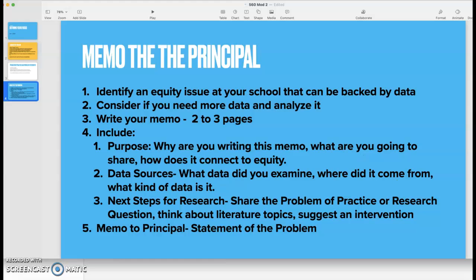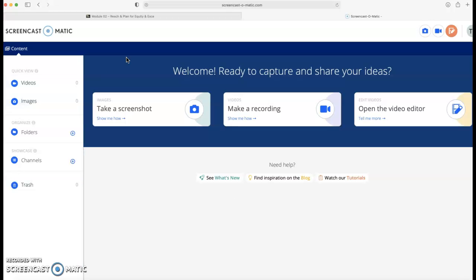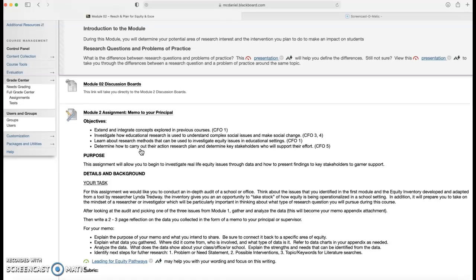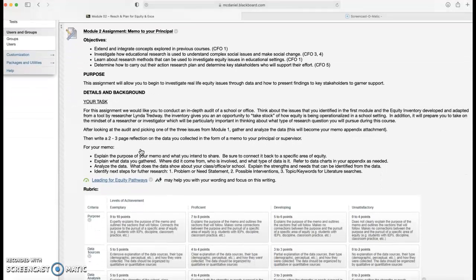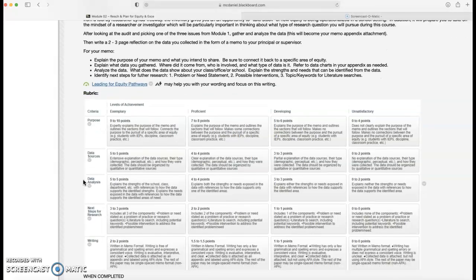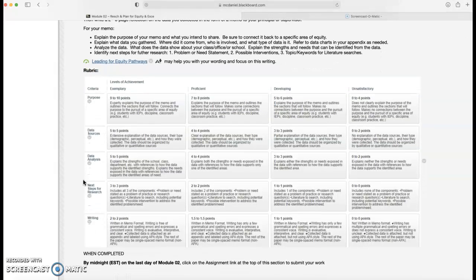So let's take a quick look at what that looks like in the Blackboard page. So again, your purpose statement is there for the assignment. Your task is there, we just went over that. But take a second to also look at that rubric. Make sure you're identifying your purpose, identifying your data sources, analyzing that data, and then thinking about those next steps for research.